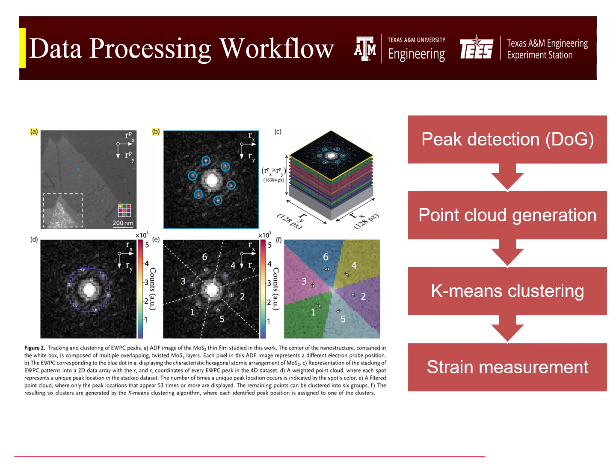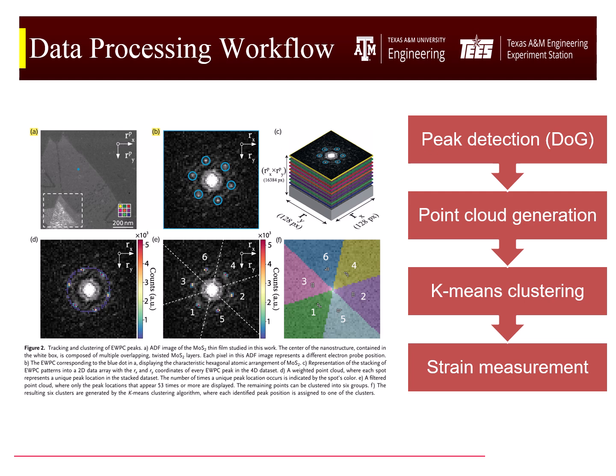The strain mapping process itself involves a four-step workflow. The first is peak identification. Peaks in the EWPC are detected using a difference of Gaussian method. This filters noise and enhances real lattice signal. Second is point cloud generation. The identified peaks are compiled into a weighted point cloud representing local atomic spacing data.